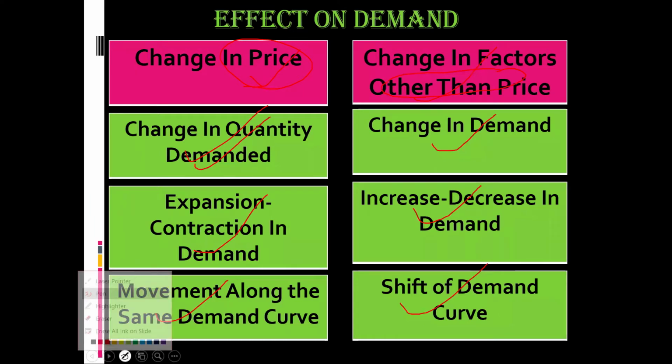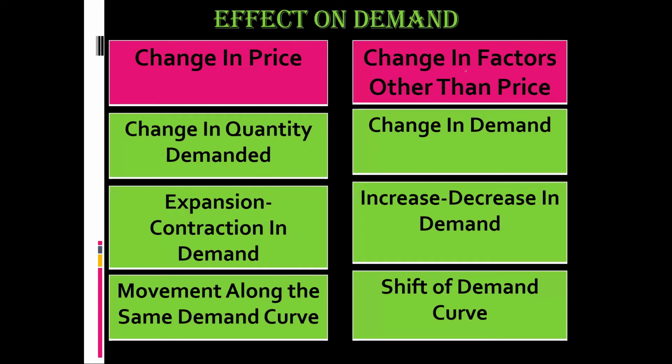So two things we have to remember. First, there is a change in price. If it is because of change in price, it will be known as change in quantity demanded. The effect on demand curve will be known as expansion and contraction in demand. And another name of the effect is movement along the same demand curve.